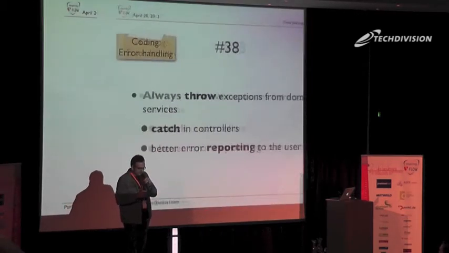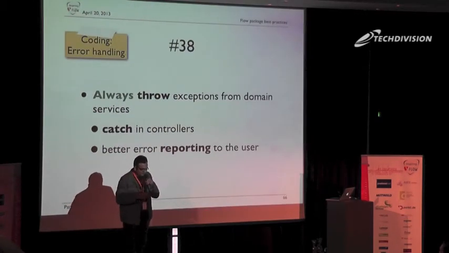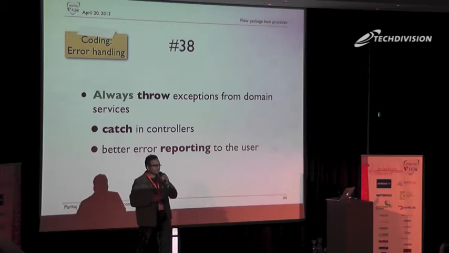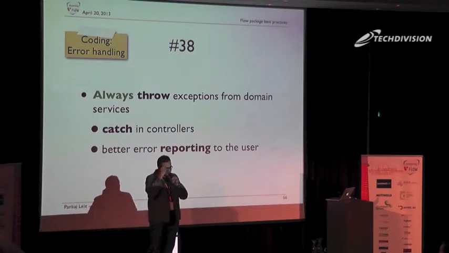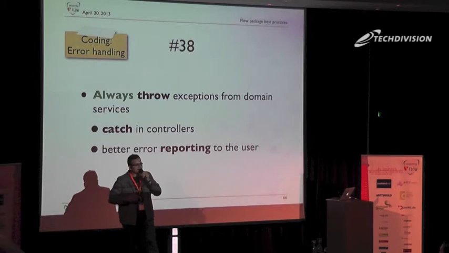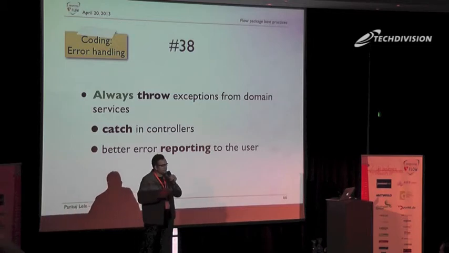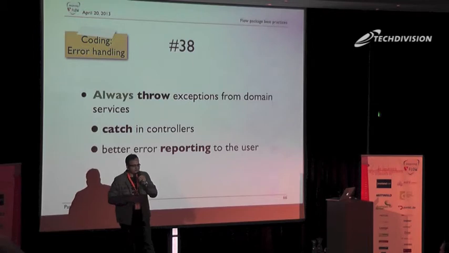Error handling. If you are using domain services, the concept I just told in the architecture side, it can be good practice to always throw the exceptions from the domain service and catch them in the controller. So you can decide in the controller what kind of error report you want to give to the user, like a flash message, or depending on the CLI, maybe you want to do something else.